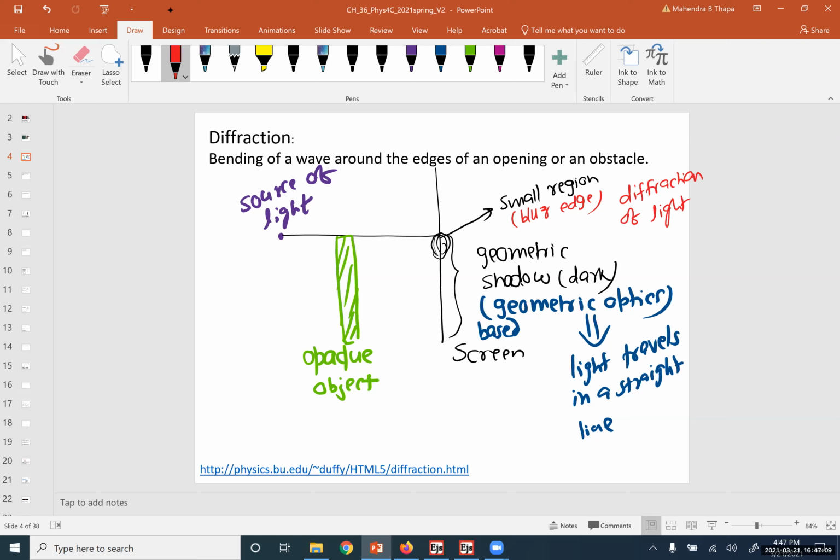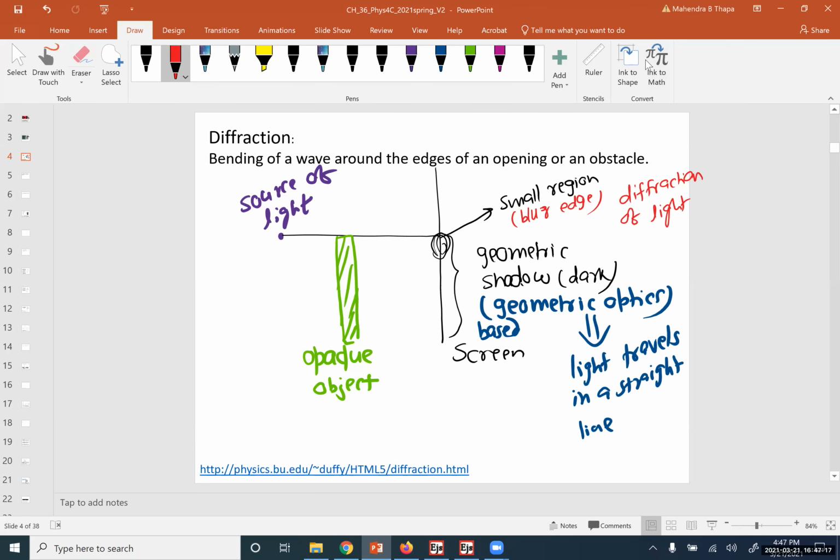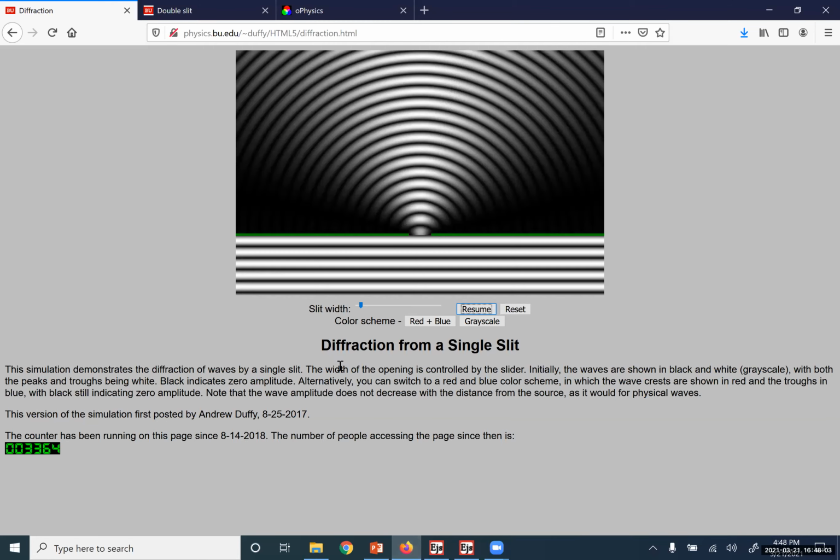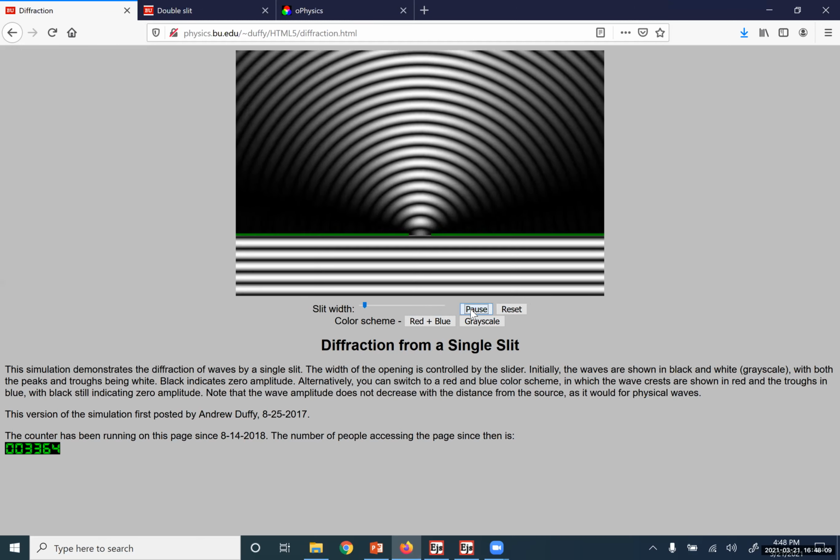Let's see one simulation we have. Here you see there is a small opening. Let's start the simulation.